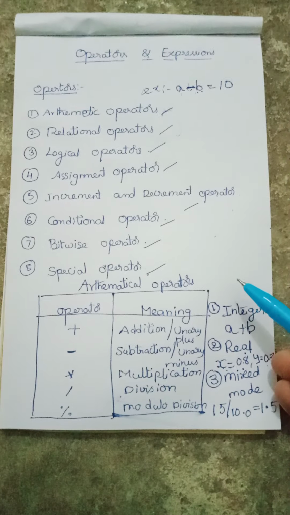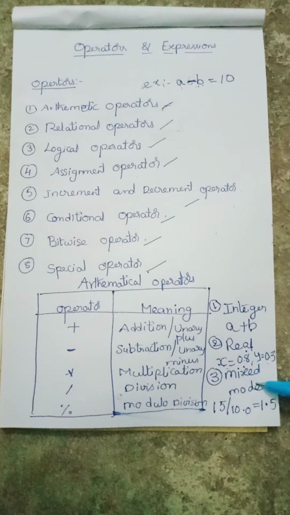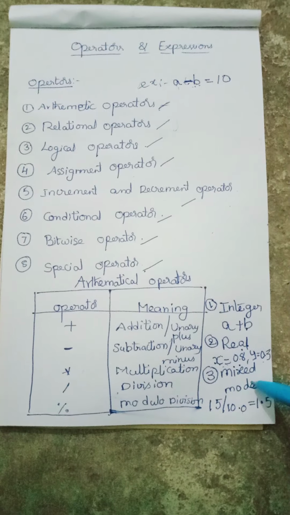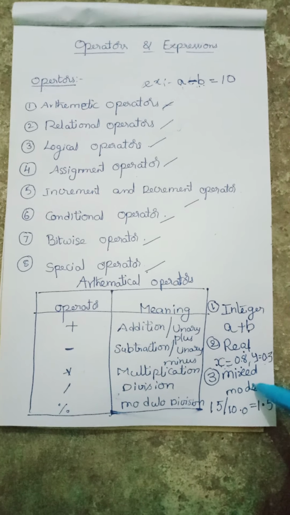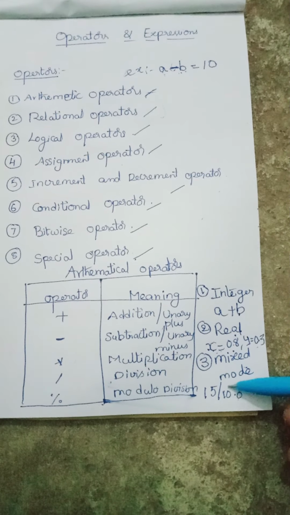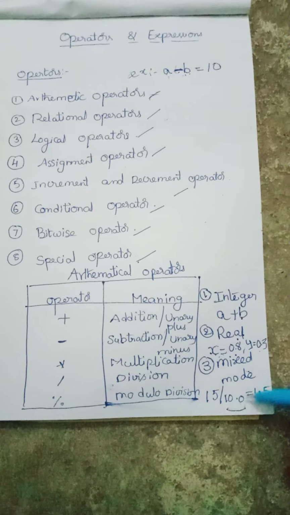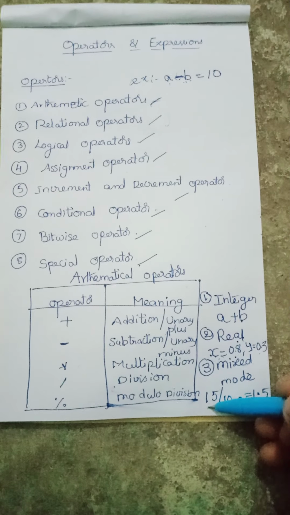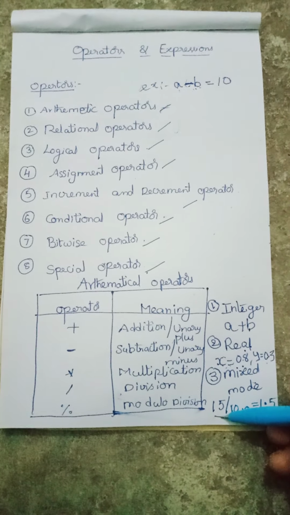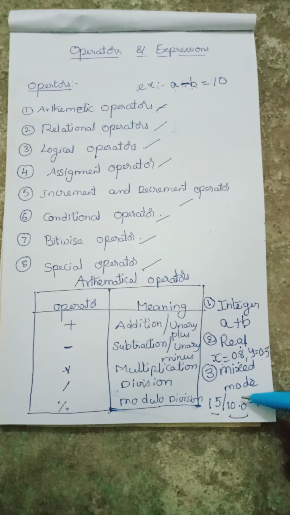Here mixed mode means when one of the operands is real and the other is an integer. Here 10.0 is a real, and the other one, 15, is an integer. Then the expression is called mixed mode arithmetic.